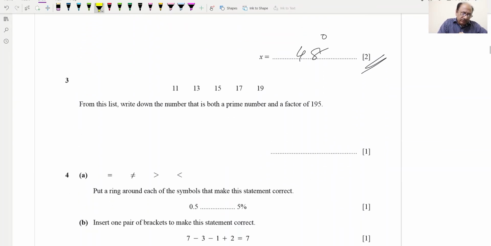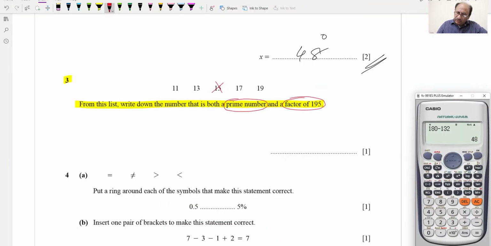Now question number 3. From this list, write down the number that is both a prime number and a factor of 195. So the condition is it should be a prime number. If we check, 15 is not a prime number, so it is out of the race, and we can check for the others which one is a factor of 195. It means 195 is divisible by that number.